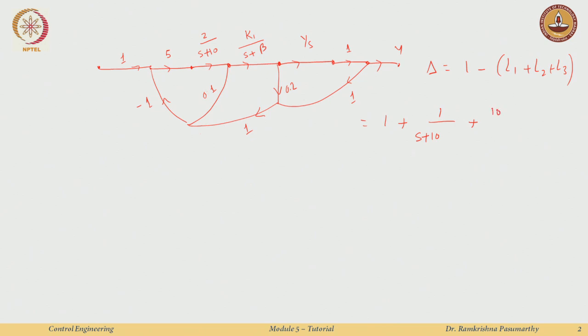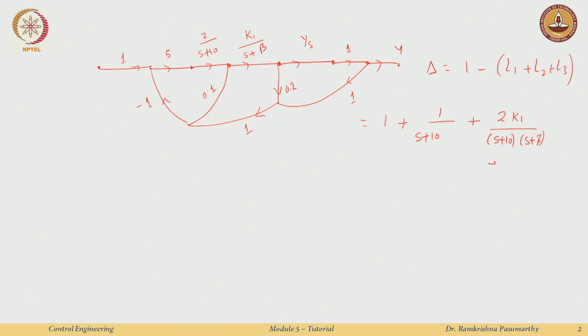So, I have 2 times k1 over s plus 10, s plus beta, and I take the 5 and 0.2, which just becomes 1.